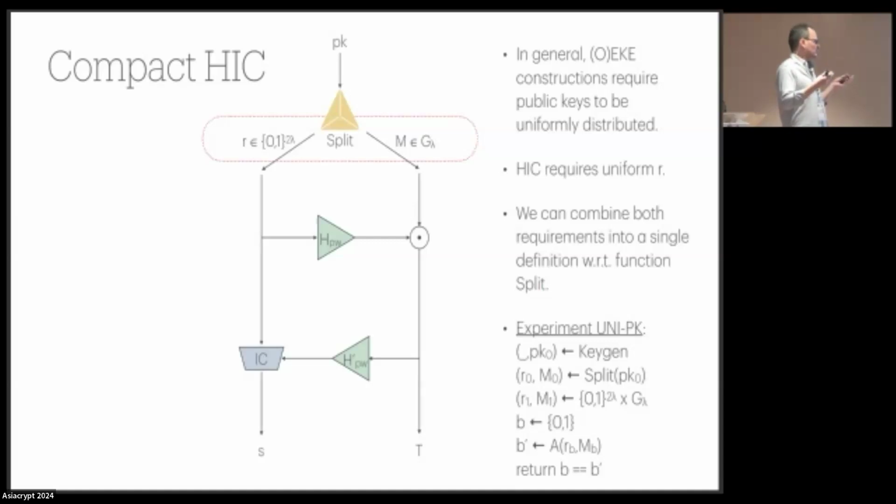So we combine the two notions of uniformity that are required into one single experiment, where we demand that the KEM public key, with respect to the split function that we use, produces these two elements that look uniformly distributed as compared to if we were to sample them independently.